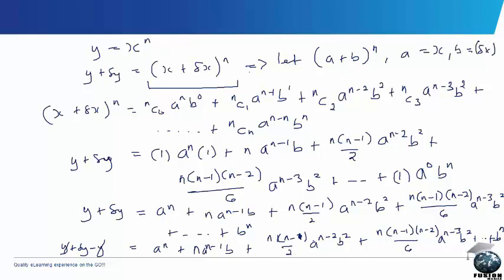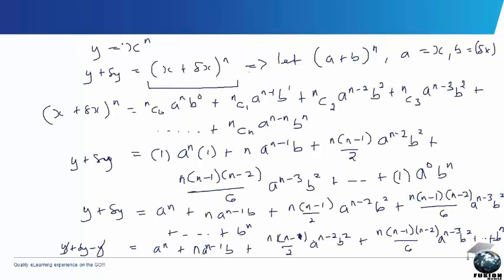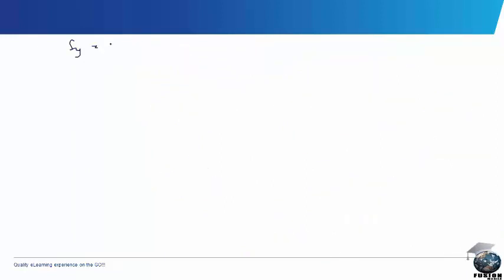So wherever we see a, we replace it with x, and wherever we see b, we replace it with dx. Alright, so we can say that y is equal to x raised to the power n, plus n of x raised to the power n minus 1 dx.